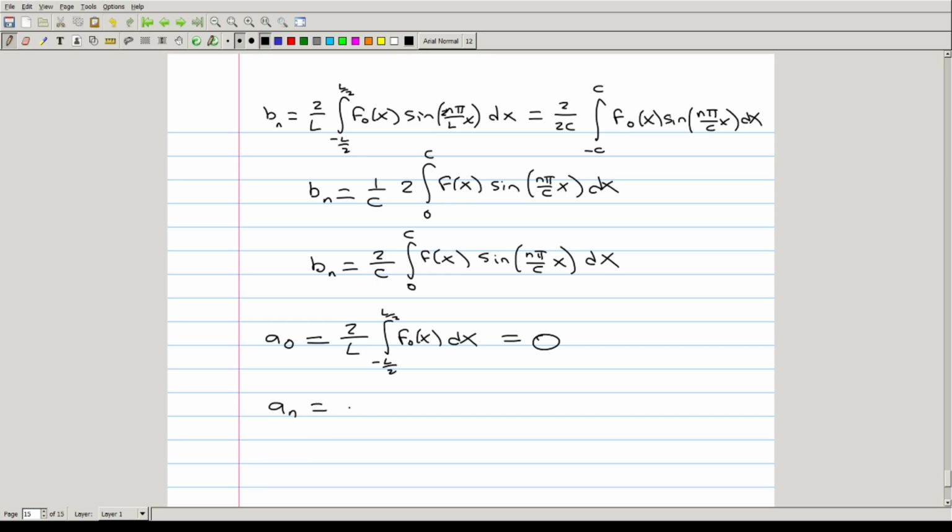And likewise, the Fourier integral for an will be f odd of x times cosine of 2n pi over L times x dx. And an odd function times an even function is an odd function. This integral will be 0 as well.